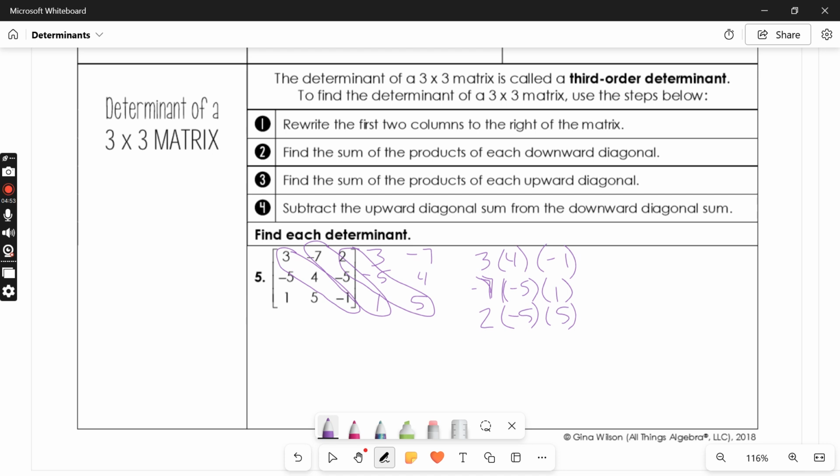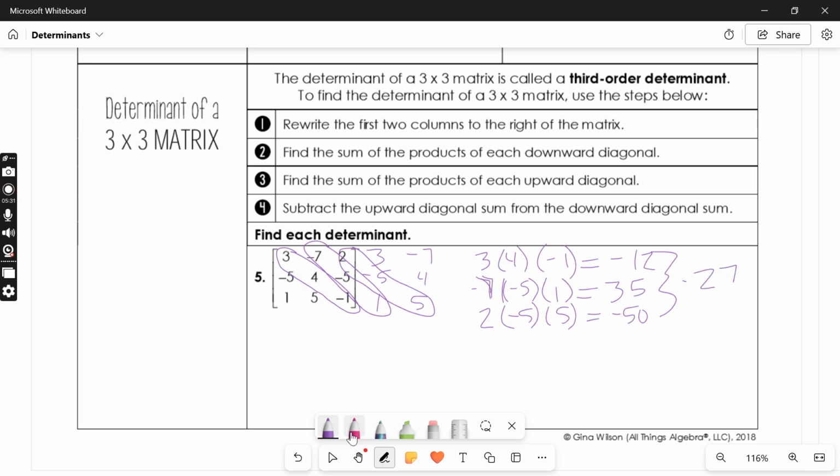Okay, and I'm going to add all of these together. So this is negative 12. Then I'm looking at positive 35. And then I'm looking at negative 50. So when I add all of those, I get negative 27. Okay, so that's the first half.